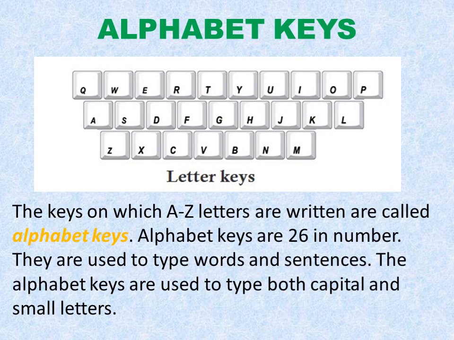Now children, let us start with alphabet keys. As you can see here in the picture, the alphabets are not written in sequence, but there are 26 letters from A to Z. The keys on which A to Z letters are written are called alphabet keys.